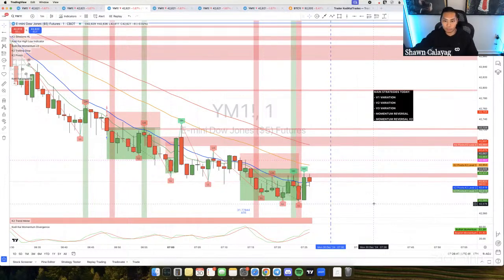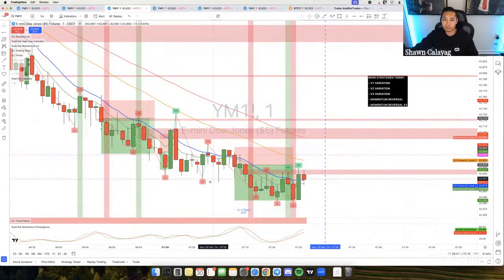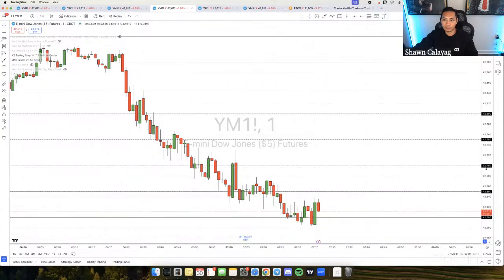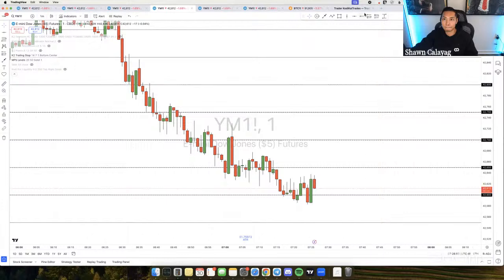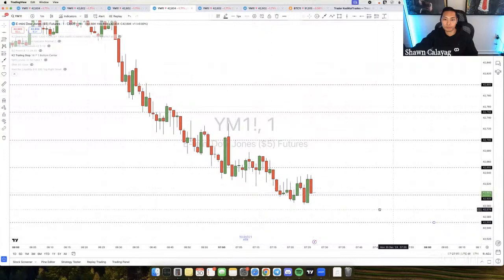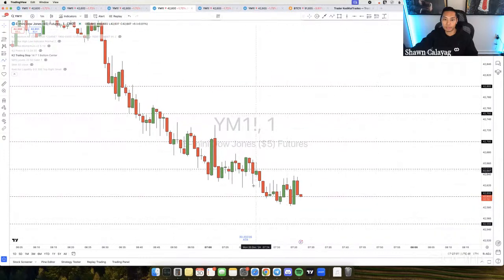All right, so I'm looking at the market now. The volatility is actually going, or the direction is now going sideways. So let's go to our clean chart real quick. You guys can see here, it's a little more obvious on the clean chart. Price here is just basically going back and forth, back and forth.